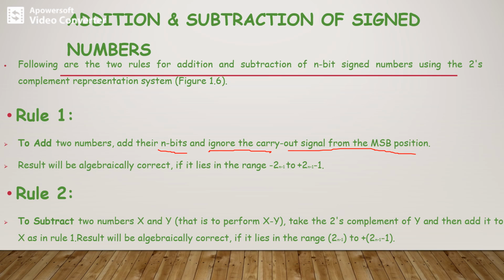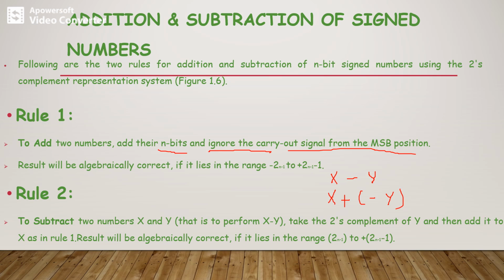As per the second rule, to subtract two numbers x and y, that means we have to perform x minus y. While subtracting, we can perform x plus minus y, that is, x plus the 2's complement of y.